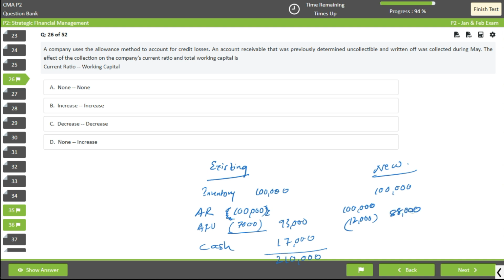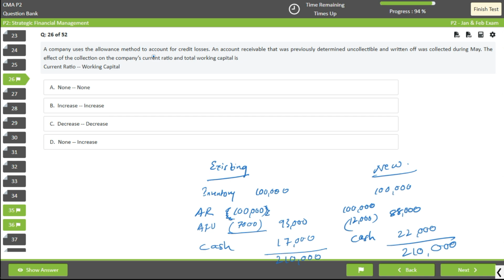AR is decreased from 93,000 to 88,000, and your cash is going to increase to 22,000. So the net assets is 210,000.